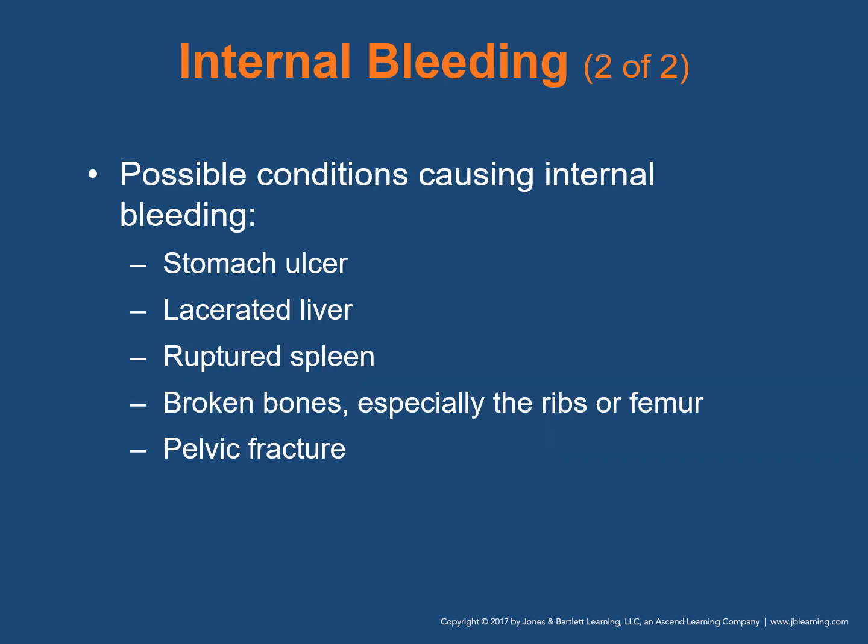Some of the possible causes that may result in internal bleeding: broken bones that haven't broken the skin, so the broken femur, any closed fracture has the possibility where those bone ends can slice through vessels. Stomach ulcers can cause internal bleeding, lacerated liver, spleen, pelvic fractures.